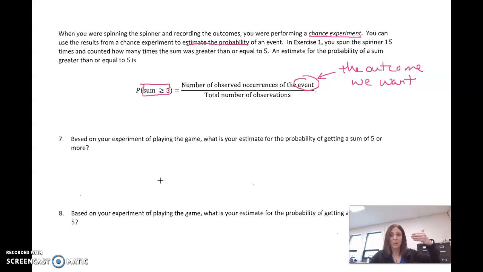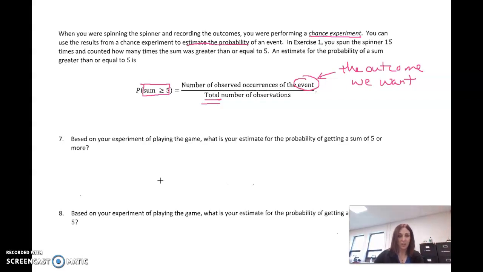So we're going to take what we want, and be careful when we say that. Sometimes we ask, what's the probability of rain happening? And people say, well, we don't want it to rain, but we're trying to figure that out, or how many days has it rained? It's not necessarily something we personally want, but the event we're looking for. And then out of the total number of observations. Occurrences of the event, out of total times.